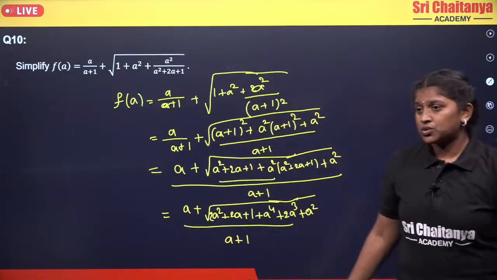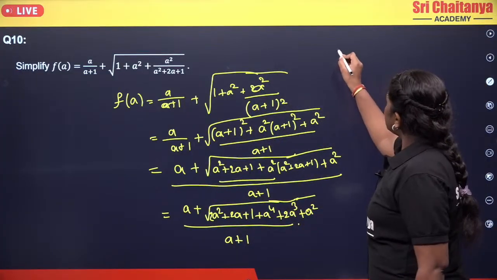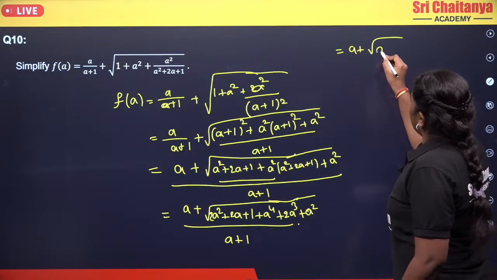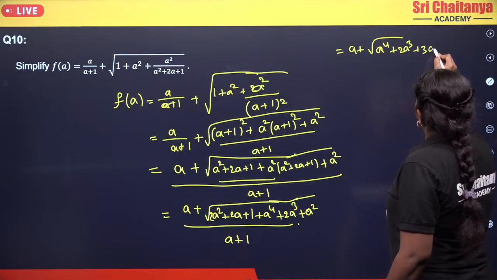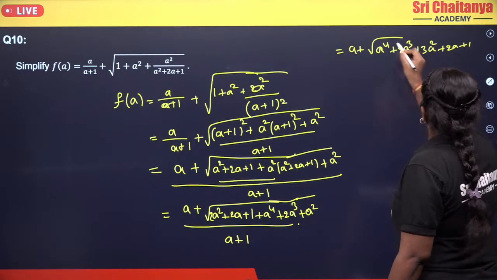Clear everyone? So now moving to the next. If you observe here clearly, we can just rearrange the terms. So we will get a plus root of a to the power 4 plus 2a cube plus 3a square plus 2a plus 1. Okay.